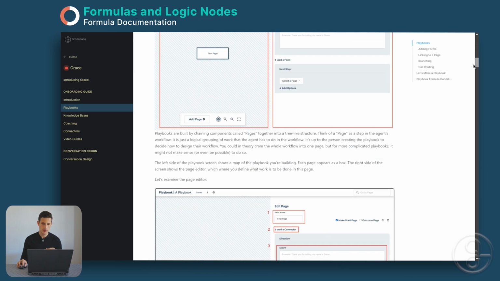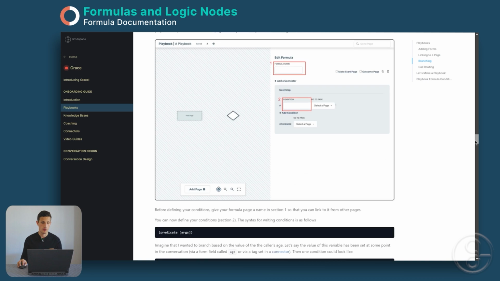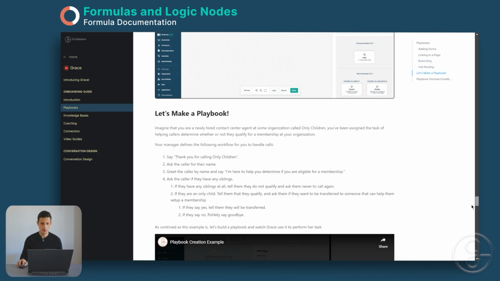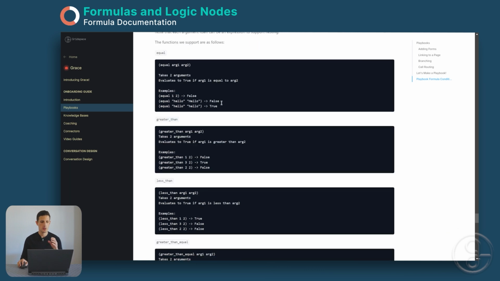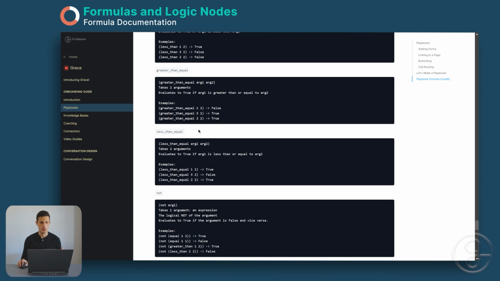And if you scroll down a bit more here, you will get to formulas. And here it's explaining a bit more of what I just discussed. But if you go even further down, you can see that we have the condition reference. So here are all the references of what kind of logic you can set up in conditions.